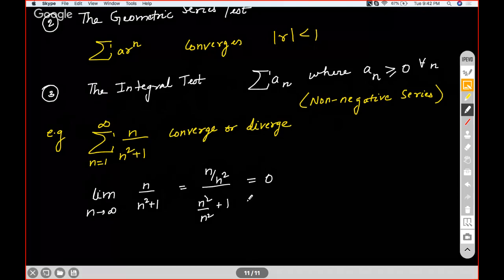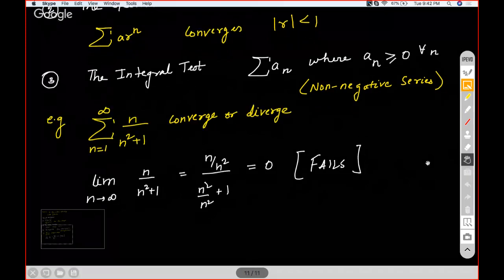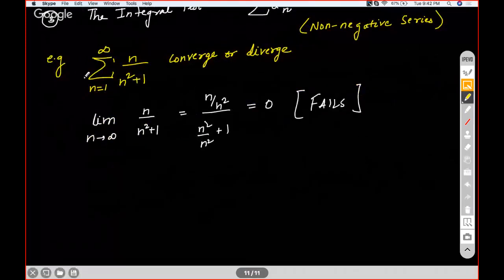Now this gives me 0. So the nth term test fails, because 0 doesn't imply whether it converges or diverges. Had it been non-zero, I would have said it is divergent. So I'll use the integral test here.